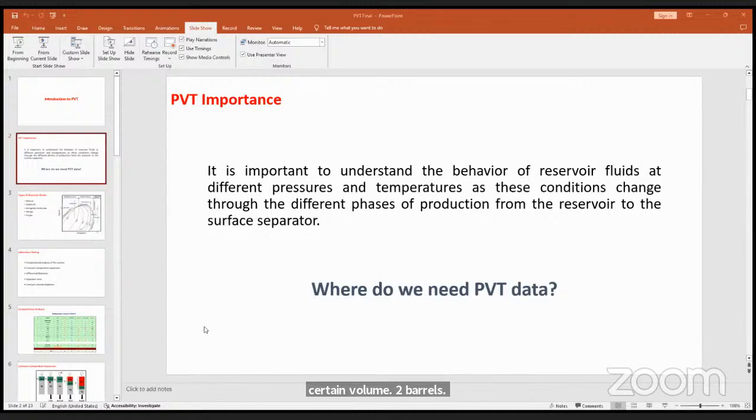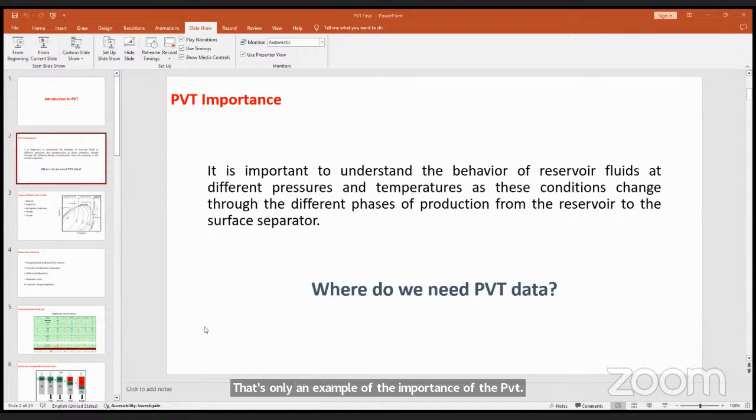This barrel shrank to only 1 barrel in your stock tank, in your produced oil, due to the liberated gas and the change of conditions from the downhole to the surface. So when you want to estimate the volume in the reservoir, you count in your production system this 1 barrel, and you want to correlate it to the reservoir volume. So you resort to using the Bo to correlate the surface volume to the downhole volume. That's only one example of the importance of the PVT.